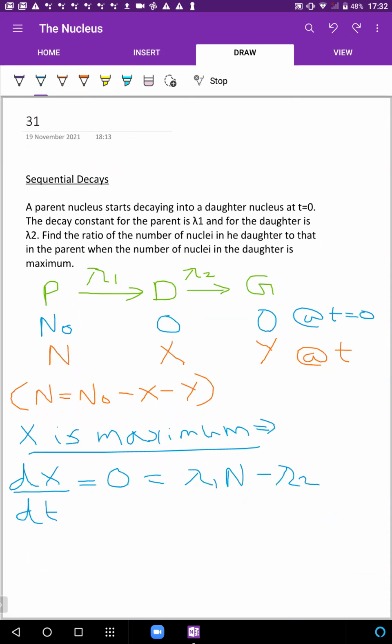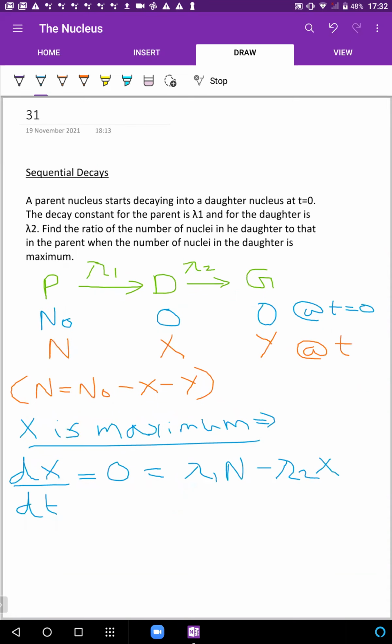So now when x is maximum, the ratio of x and n becomes, basically their activities become the same. Lambda 1 n is lambda 2 x, and from there we get that x is lambda 1 by lambda 2 times n.